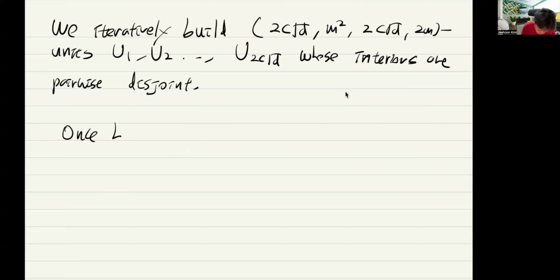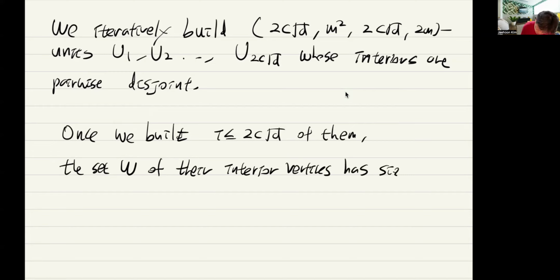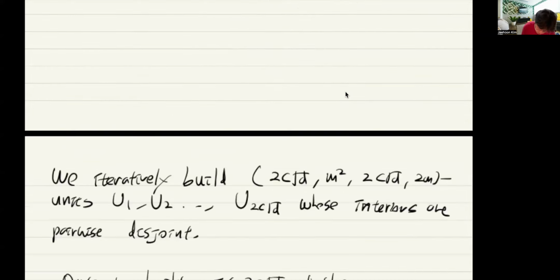So once we have built i of them, which is almost 2 times C times square root of D, and the set W of their interior vertices, at most how many do you have?